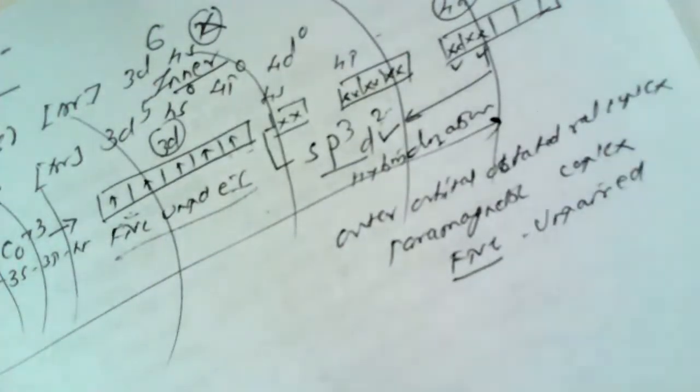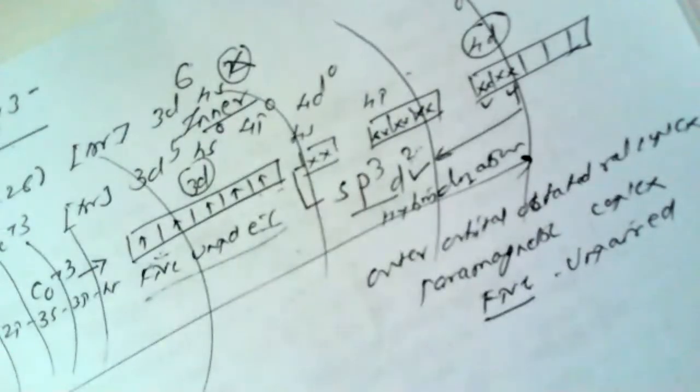So, in conclusion, what can we say? Whenever a choice of hybrid orbitals is available for the metal atom, the metal may choose either its inner d orbitals or outer d orbitals for hybridization.